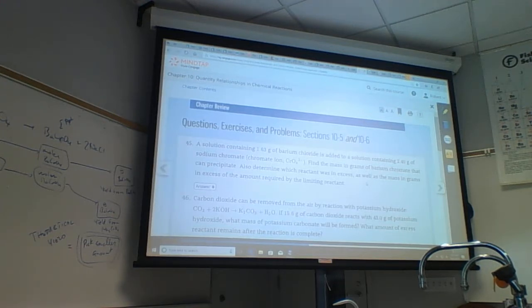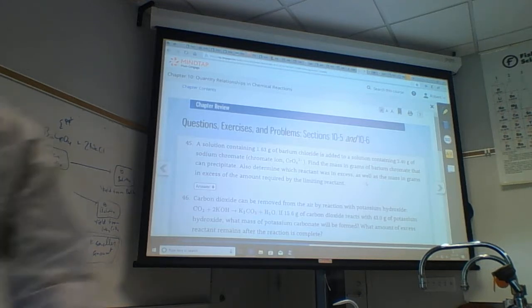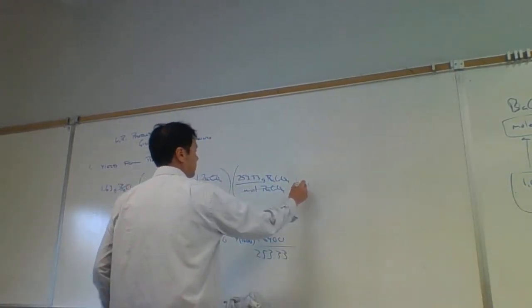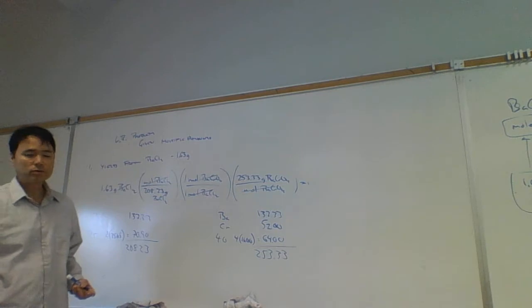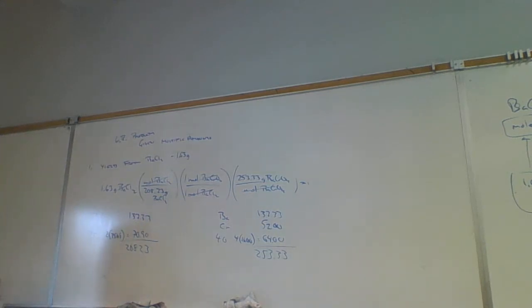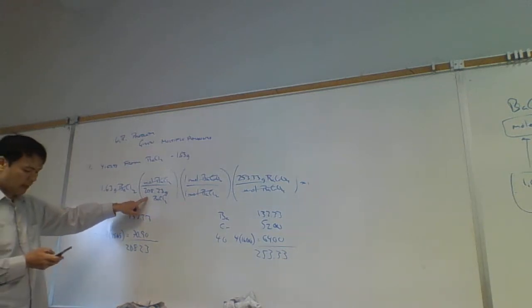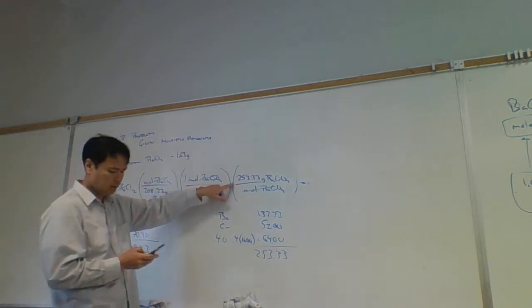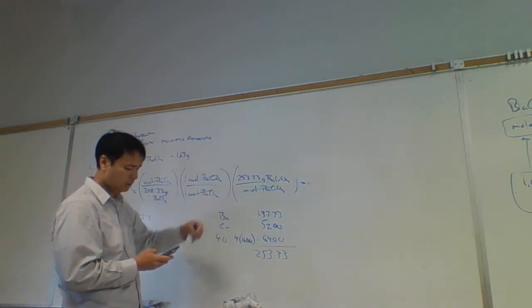Let's cancel. So this should give us grams. This would be how many grams of barium chromate we could get if we were able to react all 1.63 grams of barium chloride. So this is going to be 1.63 divided by 208.23 times 253.33.